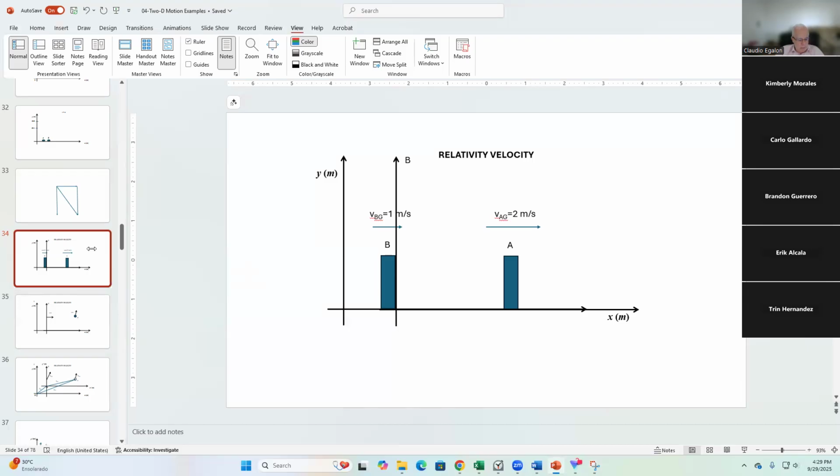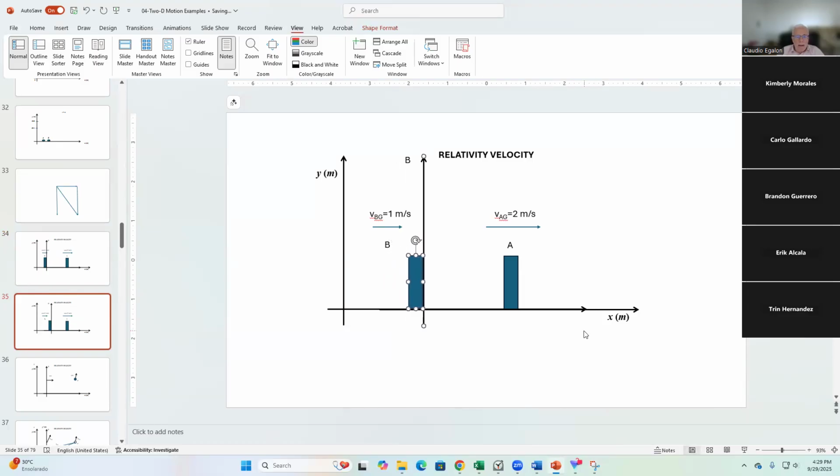So at a given instant of time, this guy is here. A little bit later on, he's going to be a little bit more ahead, like that. Can you picture that? That's the type of notation that we use for this type of problems, okay?